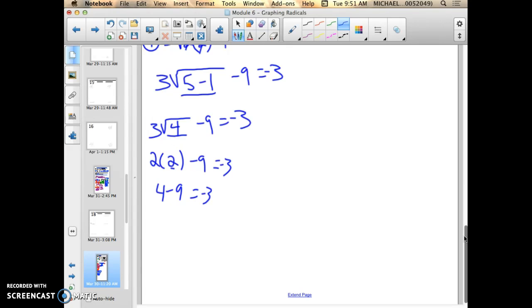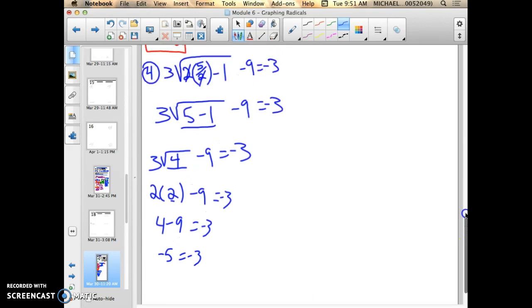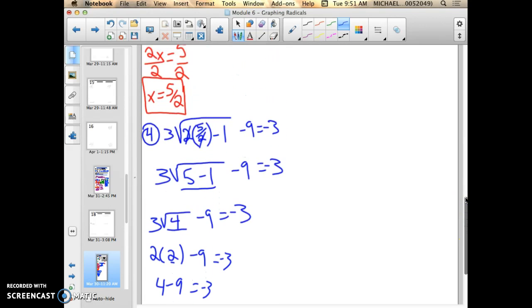In this case, 4 minus 9 is negative 5. Negative 5 does not equal negative 3. So my solution that I found is extraneous. So I need to label this, meaning it's not relevant to my original equation. It is a solution, it's mathematically correct, but it doesn't work with the original equation.